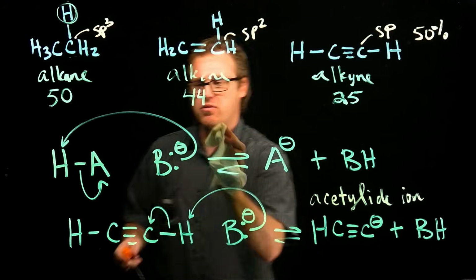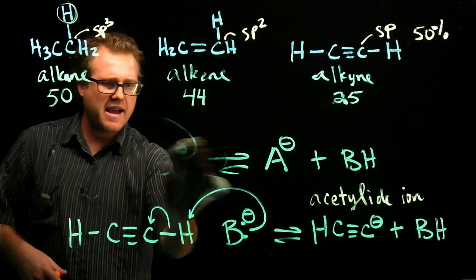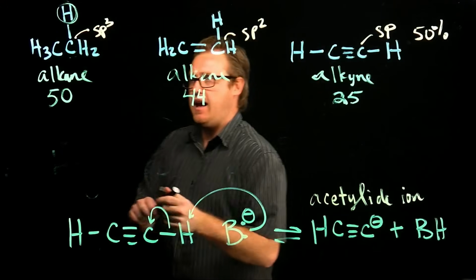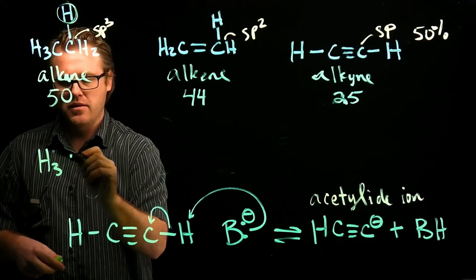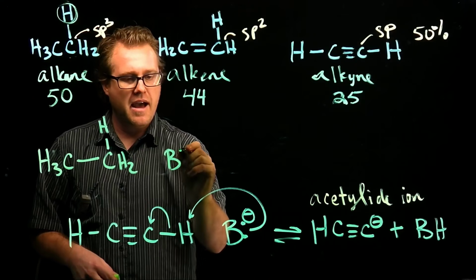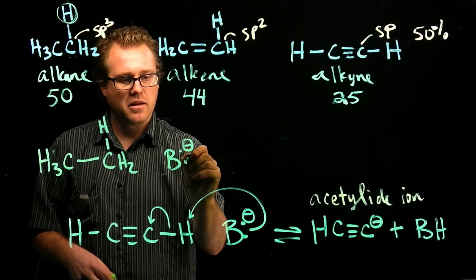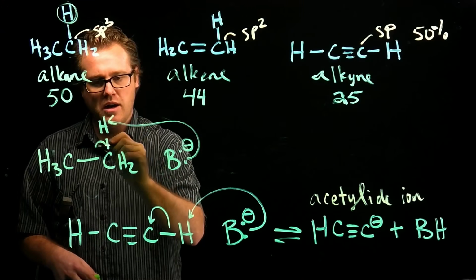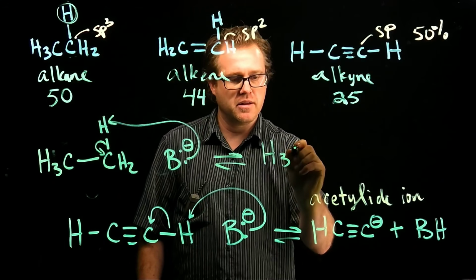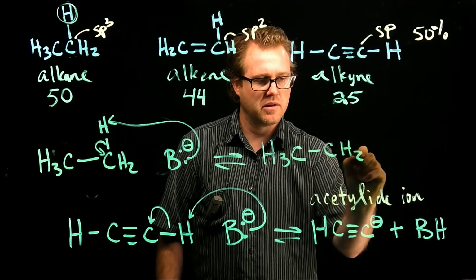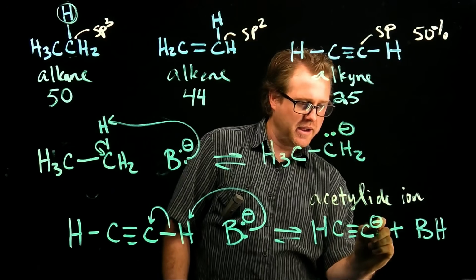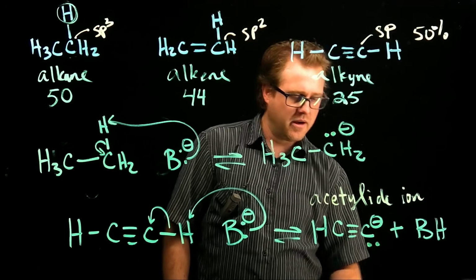So we have to understand, why is it when we take an alkane like this, have our base come and abstract that proton and get something that looks like this, negatively charged, that means we have a lone pair there.